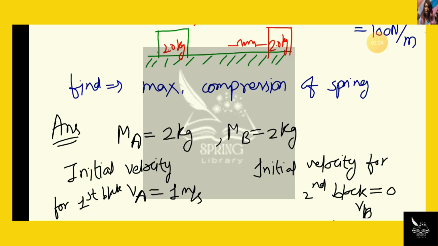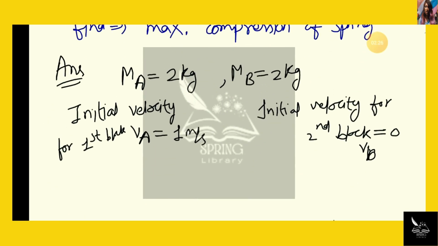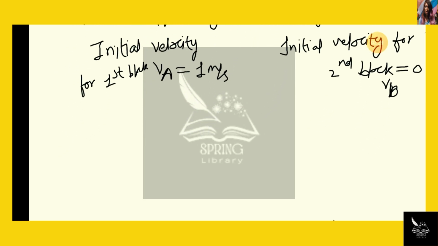Now the spring constant is given, K equal to 100 Newton per meter.